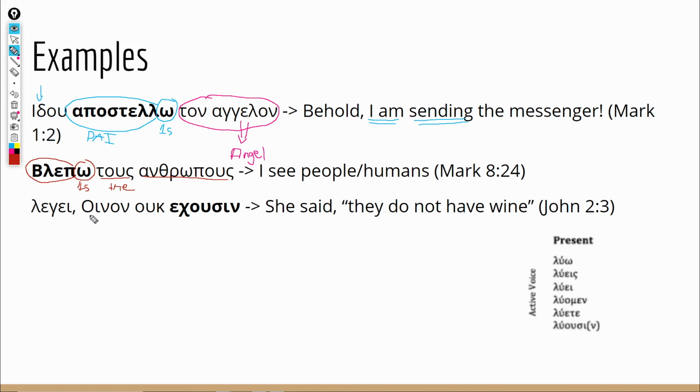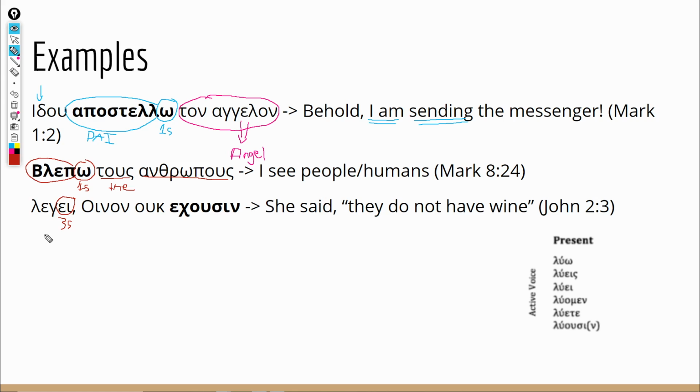Finally, this is a bit of a tricky one, but this says lege. We've seen this a few times. This is second person singular, or I'm sorry, this is third person singular. So he, she, or it.